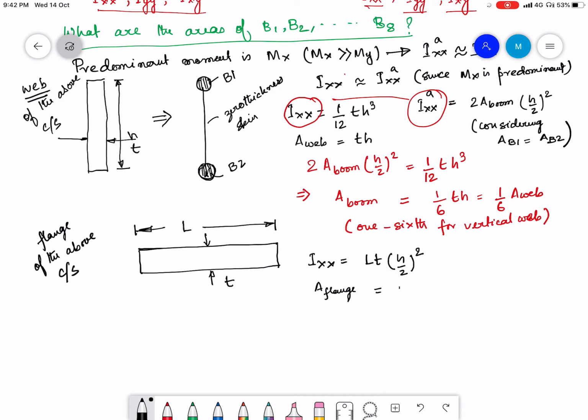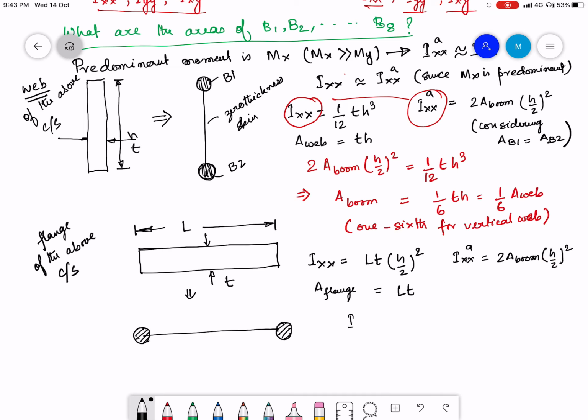So what is Ixx? Ixx is going to be L t into h by 2 whole squared, and the area of the flange is L into t. Now I have to idealize it. Therefore Ixxa is going to be 2 into the area of the boom into h by 2 whole squared.